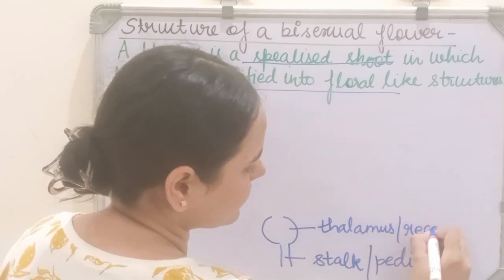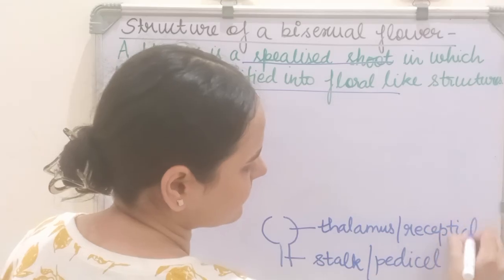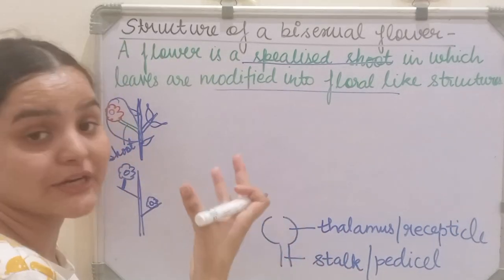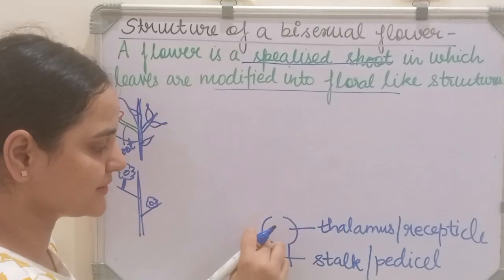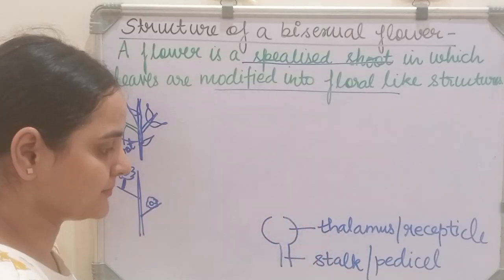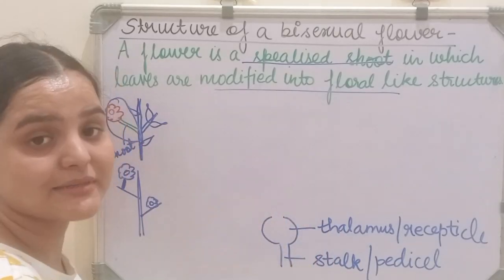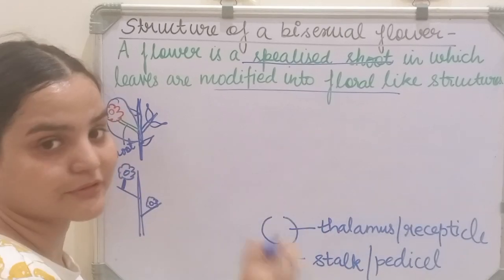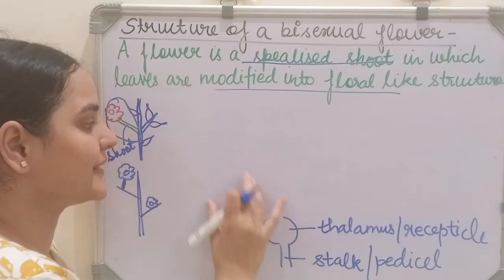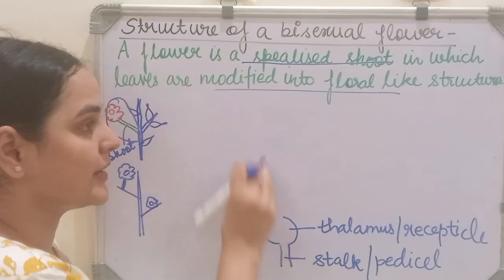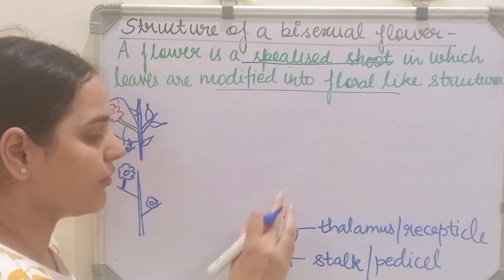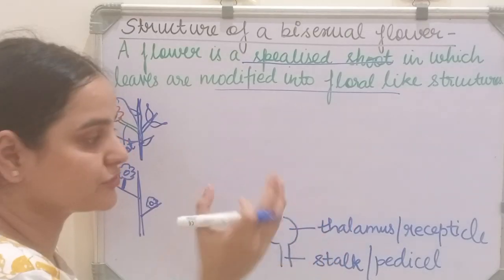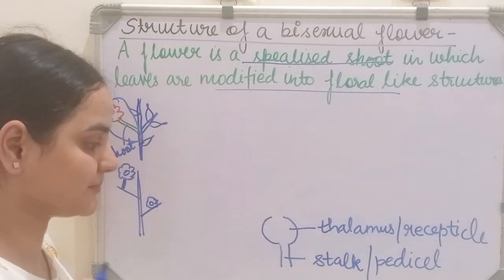This stalk gets swollen into a cup like structure, you may see it is looking like a cup shape. Now, this thalamus is responsible for giving rise to all the parts of the flower. From here only we will see the petals arising, the male reproductive part, the female reproductive part, all the parts will be arising. So it acts as a base to support all such structures.